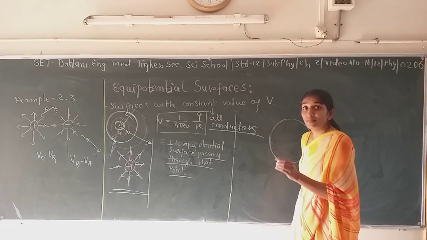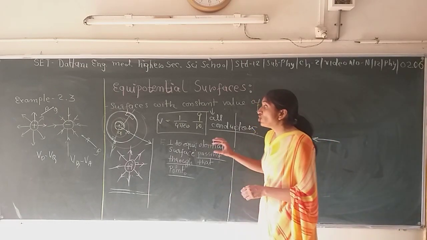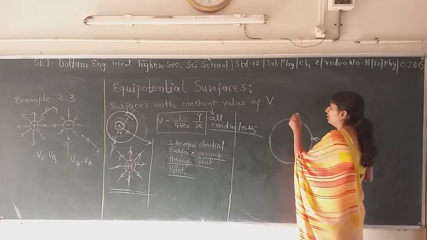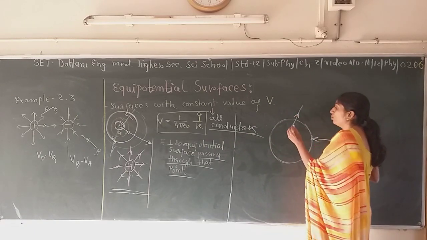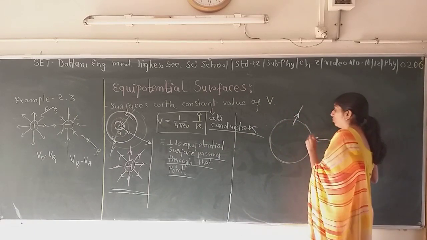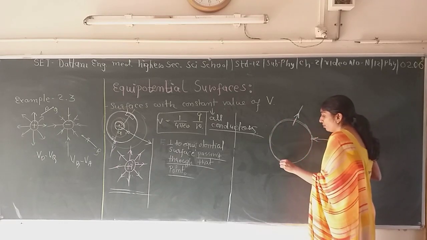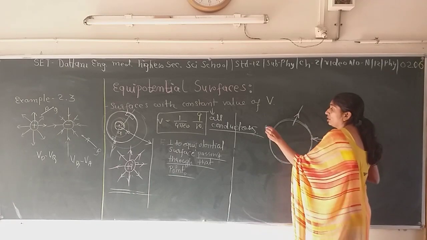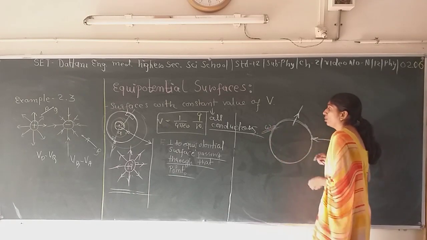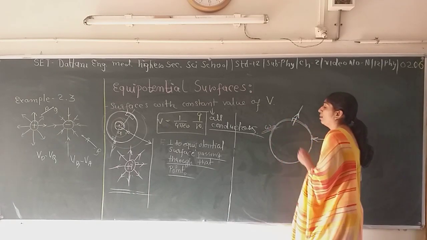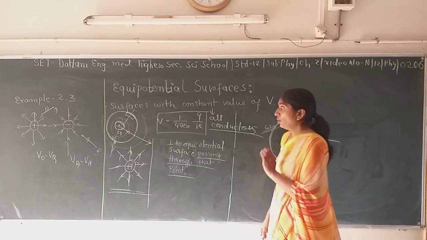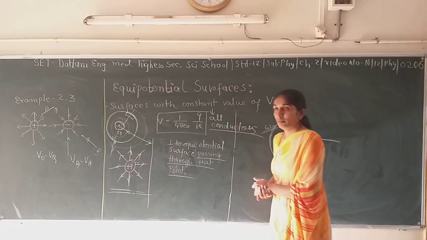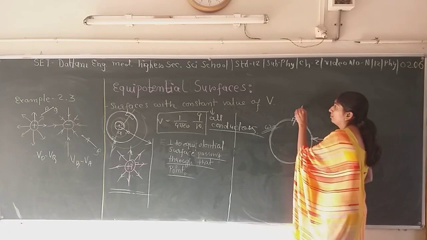That means that, otherwise, work should be done in moving it away. For an equipotential surface, work done is equal to 0, because the electric field is perpendicular to the surface.